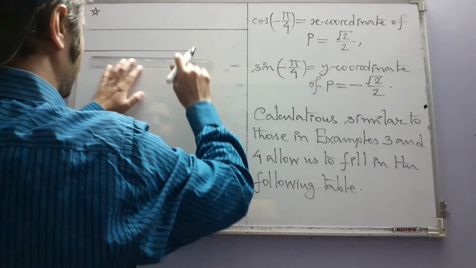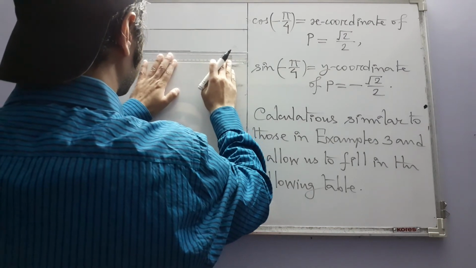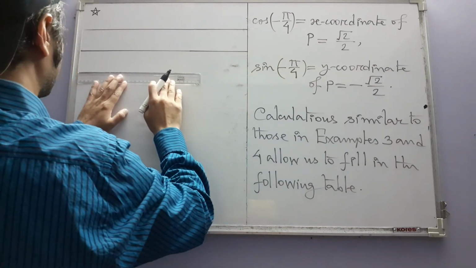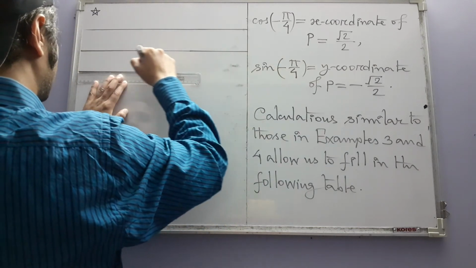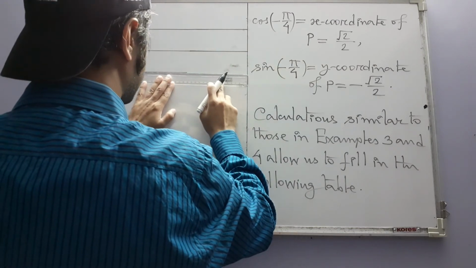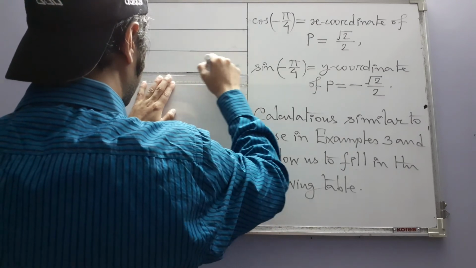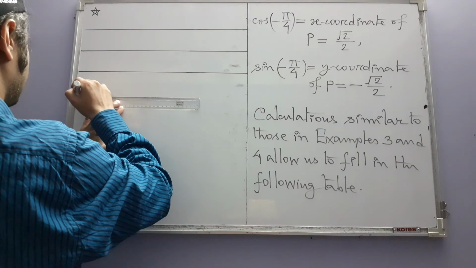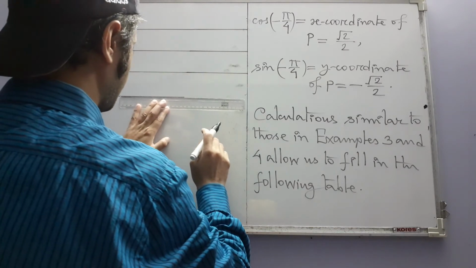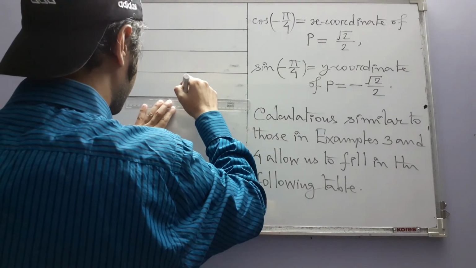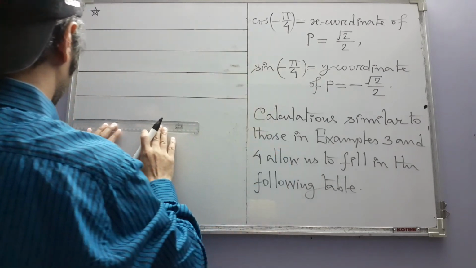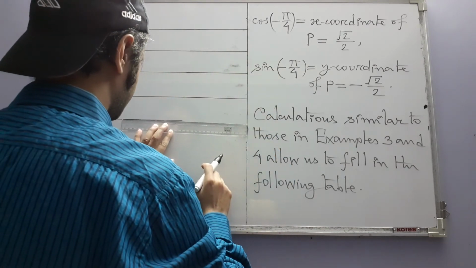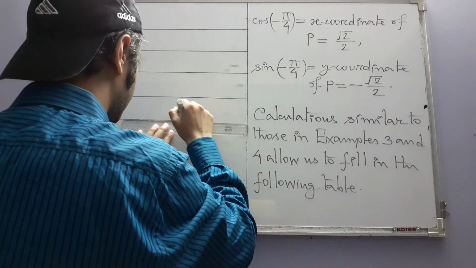This row will have the degree angles, this will have the corresponding radian angles, this one will have the sine values, and the one below it will have the cos values, and the bottom row will have the tan values.